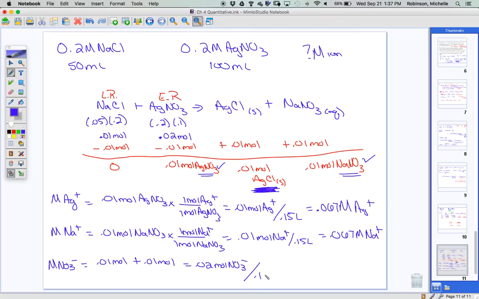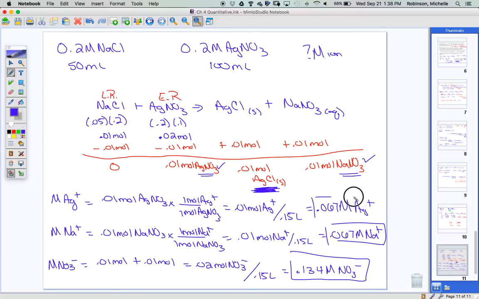And we can divide that by the 0.15 and get 0.134. Oh, I didn't put molarity. I didn't put my capital M. So there's the concentration of all the ions in solution.